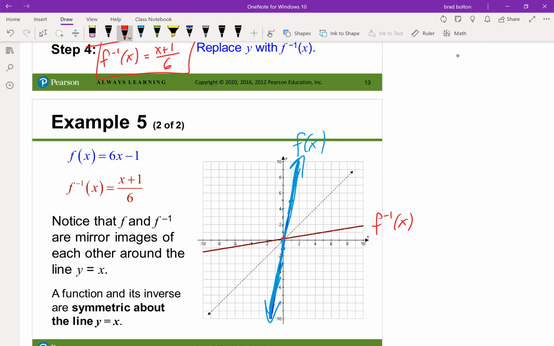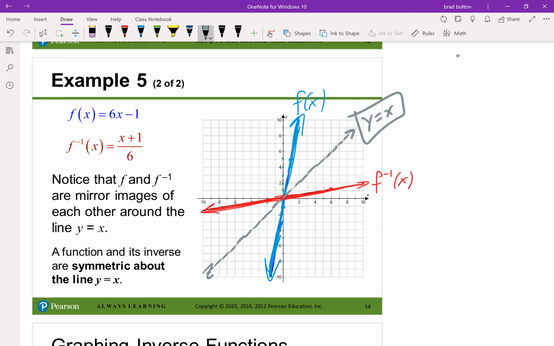This line isn't really there, but they're showing you that if two things are inverses of each other, then they will be mirror images across this invisible line.